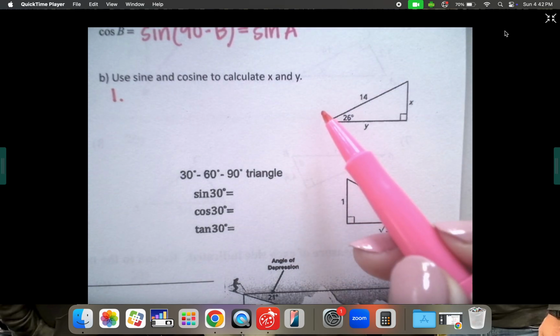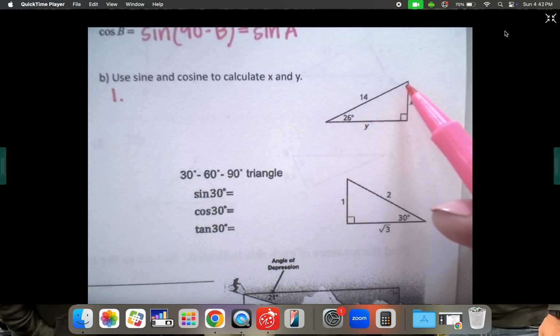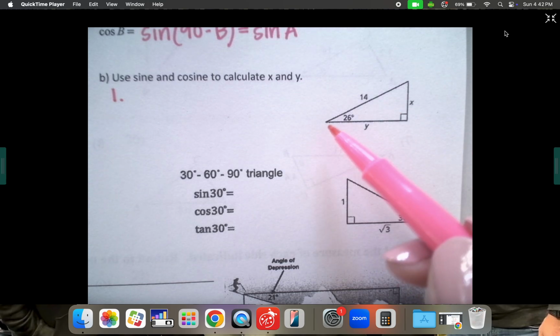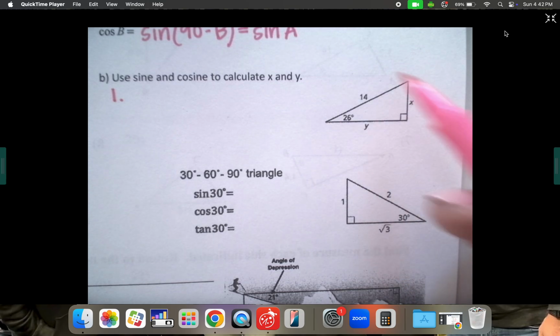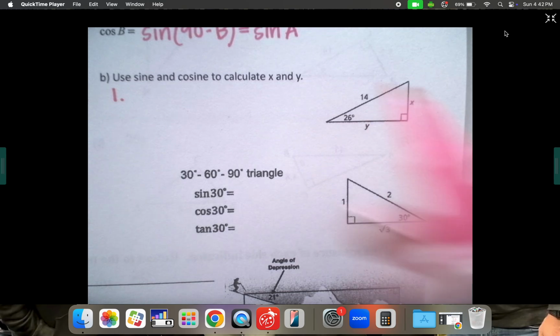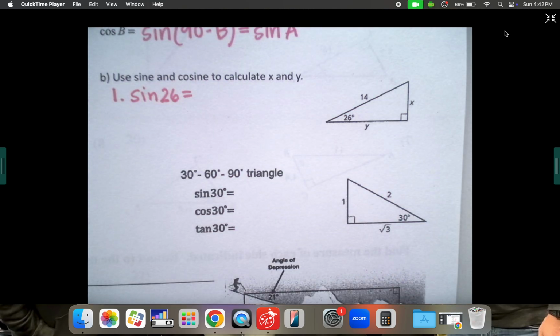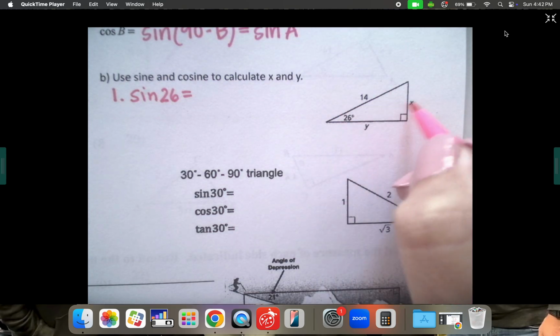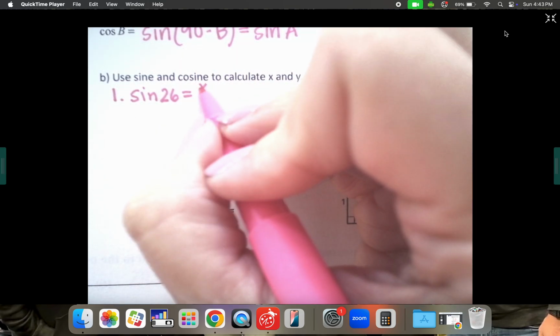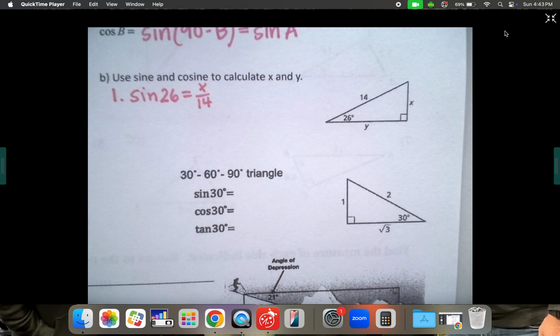For x, oh, you know what? Even if we go from this angle, it's still going to be over the hypotenuse. Sine and cosine are both over hypotenuse, so we're going to have hypotenuse on the bottom either way. That's for our next one. So let's do sine of this angle, 26 degrees, and it equals, remember, sine is opposite over hypotenuse, so x over 14. This one actually is okay. I was thinking in my head about a different one.